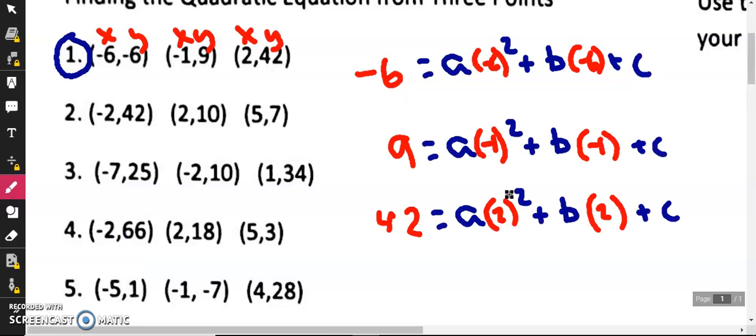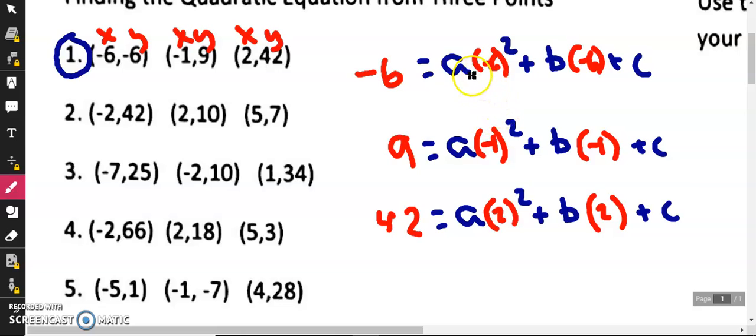So once we've plugged in our 3 points, we should get -6 and 6 plugged in here. We'll see the -1 and the 9 plugged in the middle, and then 2 and 42 plugged in on the bottom. So basically what I'm going to do now is go through and just clean up these 3 equations, I should say.